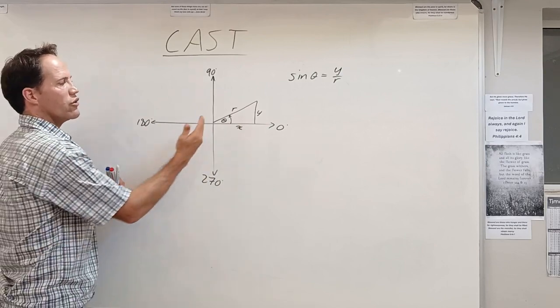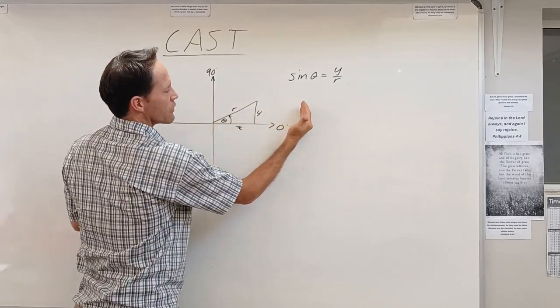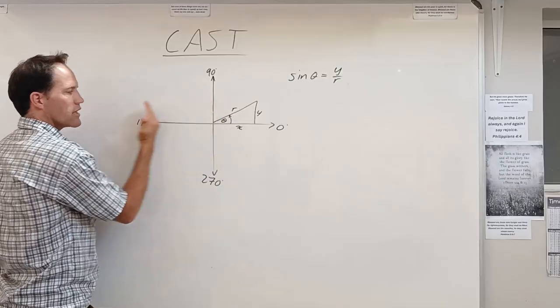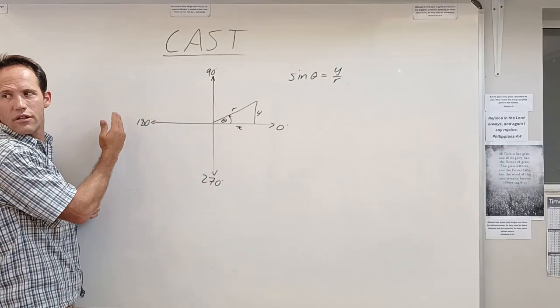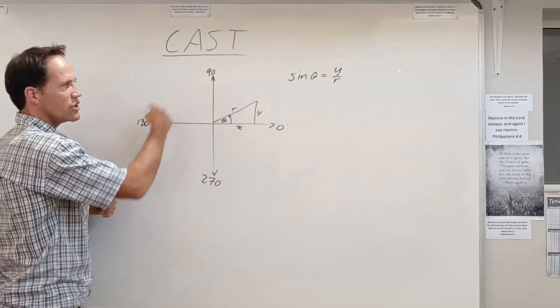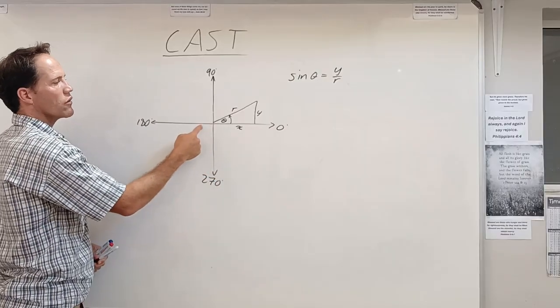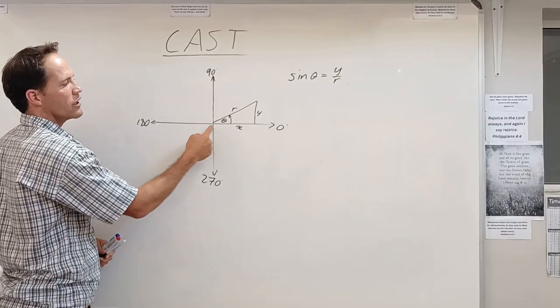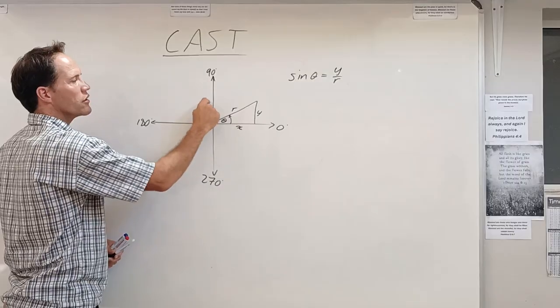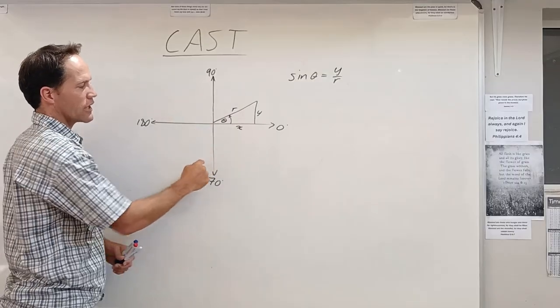The x values are positive when you go forward to the right, the x values are negative when you go left. Remember, think of a Cartesian plane: negative 1, negative 2, negative 3, 1, 2, 3, go up, 1, 2, 3, go down, negative 1, negative 2, negative 3.